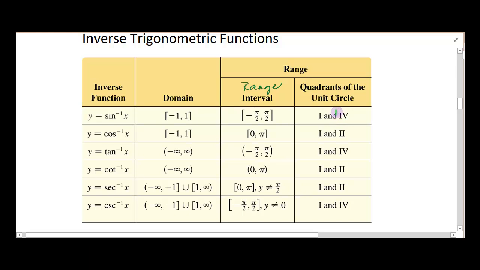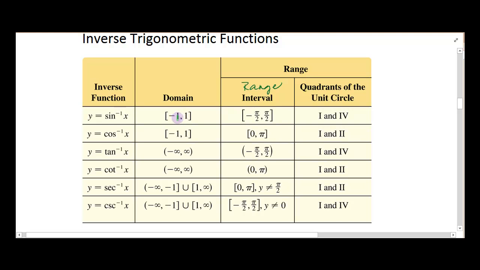And I'll explain that again in just a second. But let's just focus on our inverse sine function. The domain, or the allowable input values, the possible x values that I can have for inverse sine, I'm only allowed to have numbers between negative and positive 1 for x.